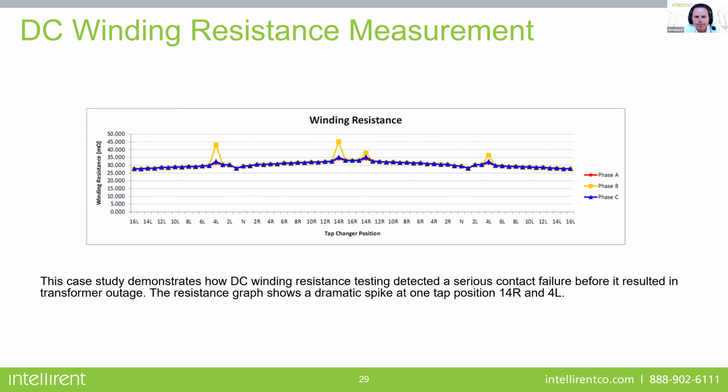And you can see 14R and 4L had high winding resistance results. And you're like, oh, okay. Because the DGA from the LTC also showed there was some gas and some heat going on. So when we looked at the nameplate, now I got to figure out where 14R and 4L are.